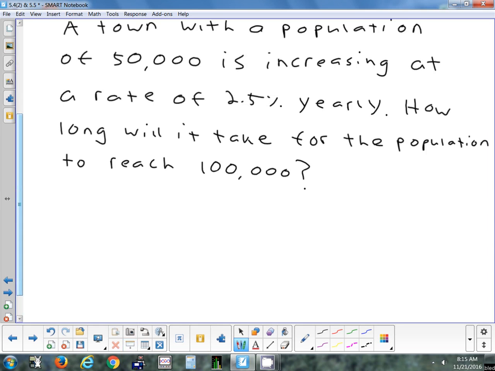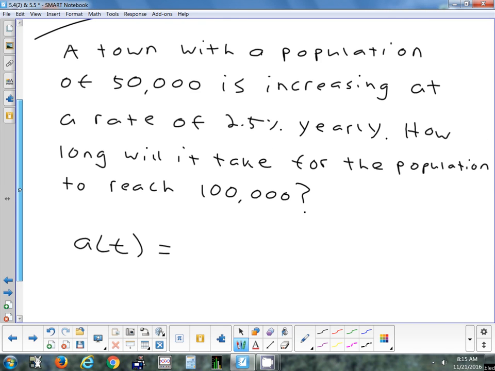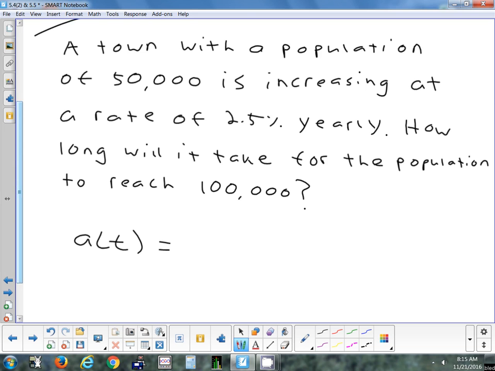So what's our formula for exponential growth? Anybody remember how we write that? Or what do we start with? Yeah, Dave? P, which is what? The population, the initial amount. So 50,000 times 1 plus r.